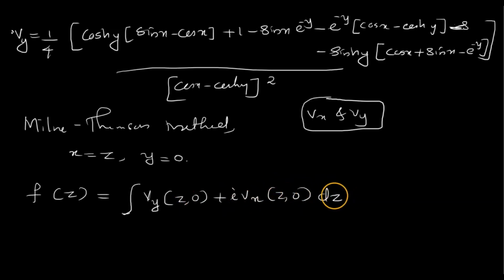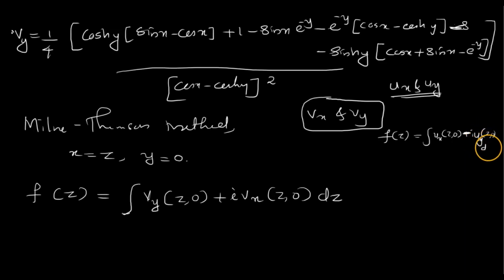This is the Milne-Thomson method to find f of z. If we have ux and uy, then f of z is equal to the integral of ux at z0 plus minus i uy at z0 dz. So this is the Milne-Thomson method.